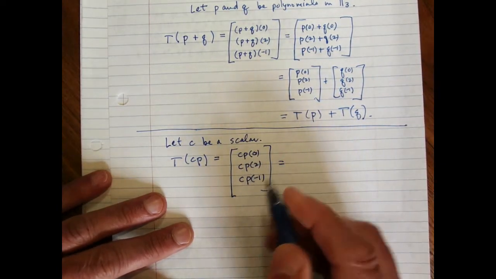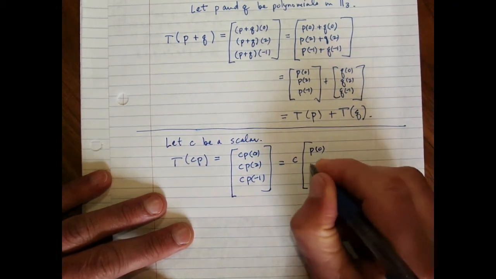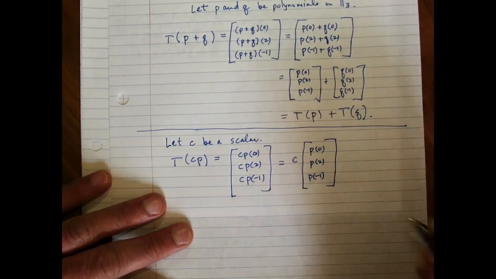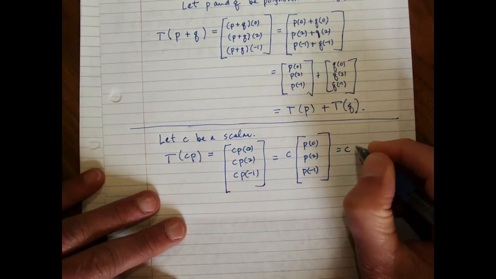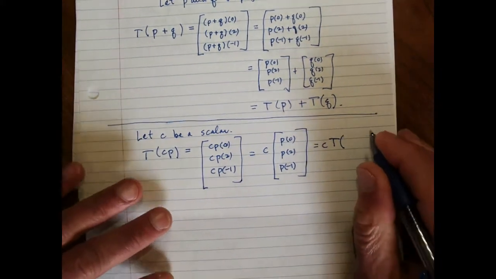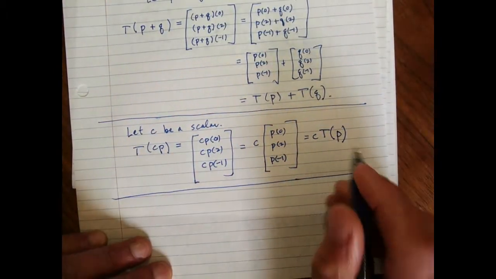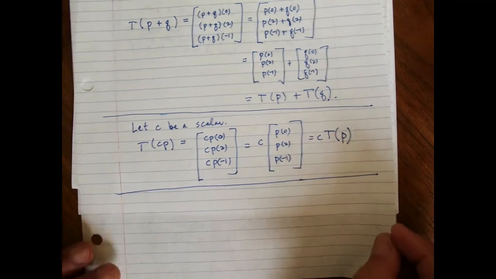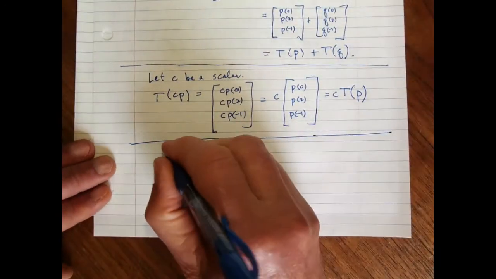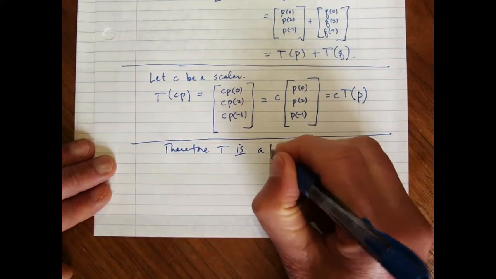And because we have a column vector here, I can factor out that scalar C and write what I have this way, which is C times the value under T of P itself. So that's all there is to verifying the scalar multiplication condition for a linear transformation. Therefore, T is a linear transformation.